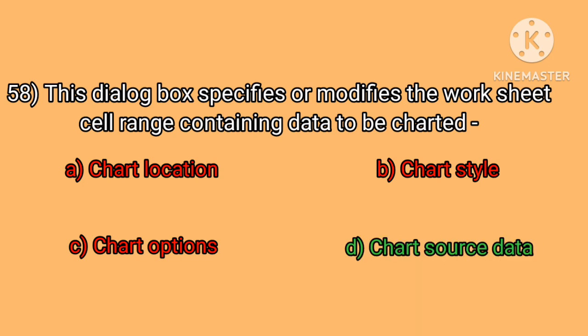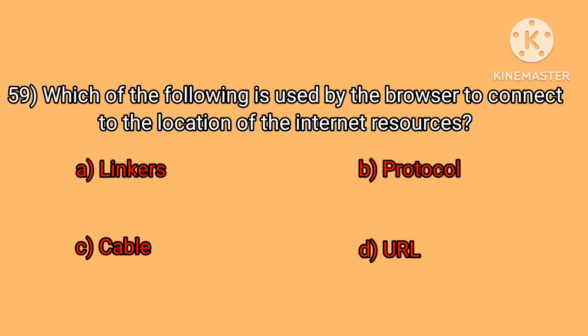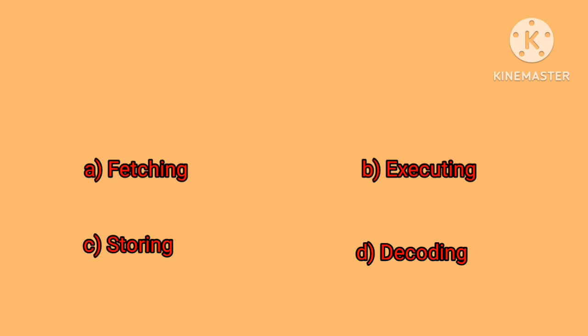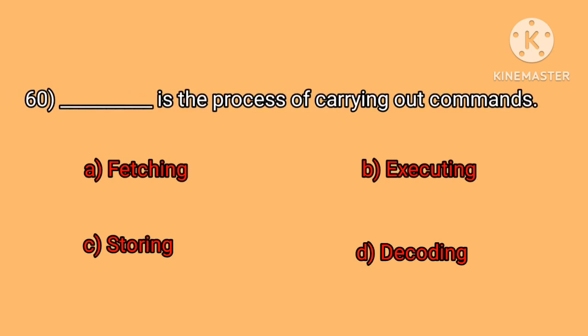Sort source data. Which of the following is used by the browser to connect to the location of the internet resource? URL.